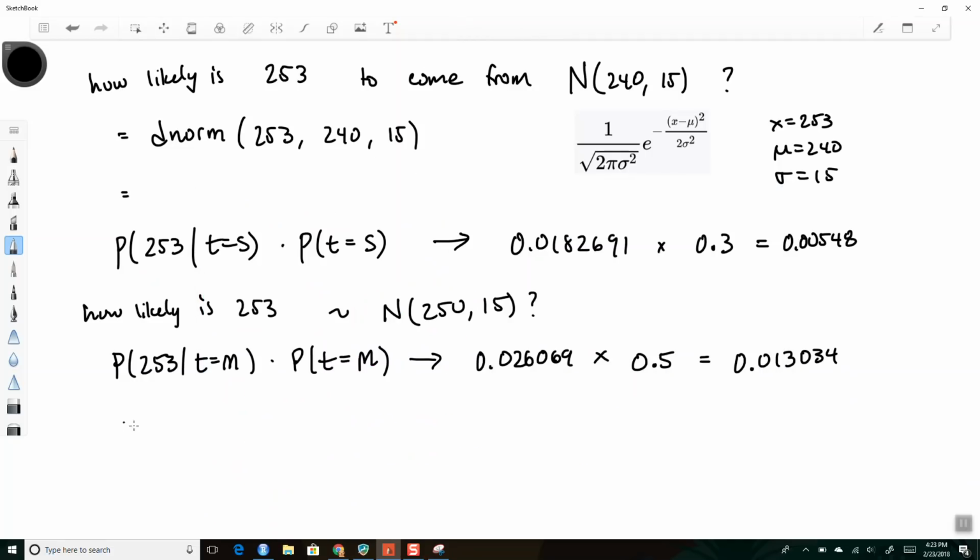And then lastly, we'll do the same thing: the probability of getting 253 if our class is large.